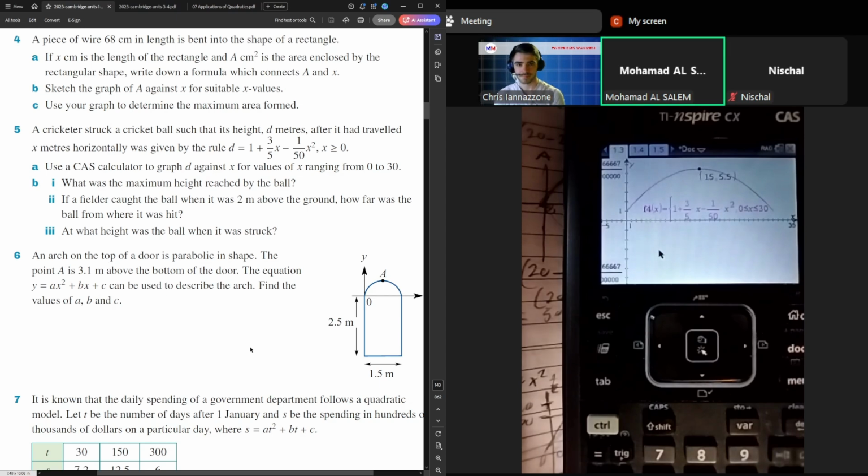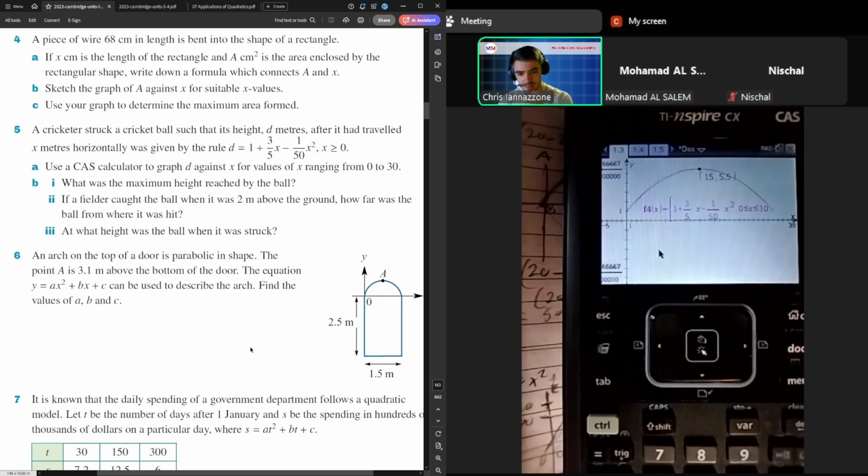Do we find the distance? Like, do we use distance formula? Let's see. Could we use distance formula for this? Tough to do it that way. In fact, maybe not doable.